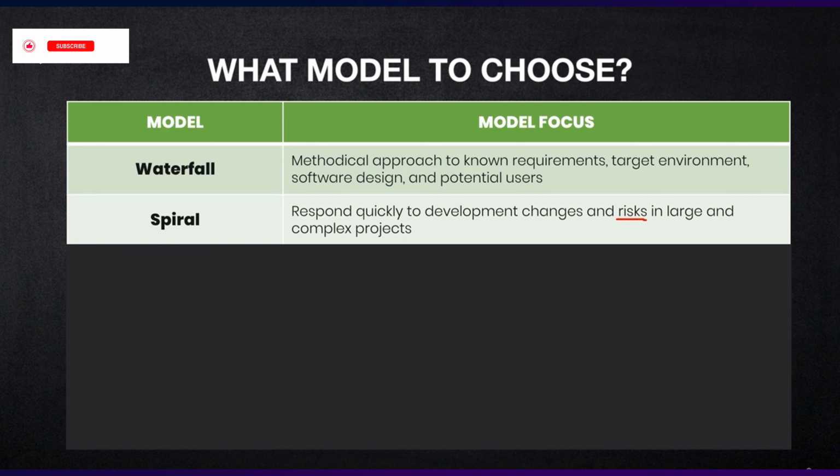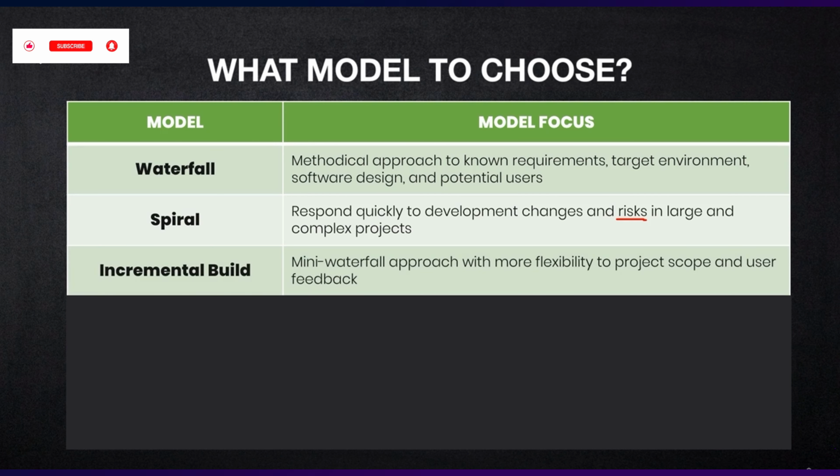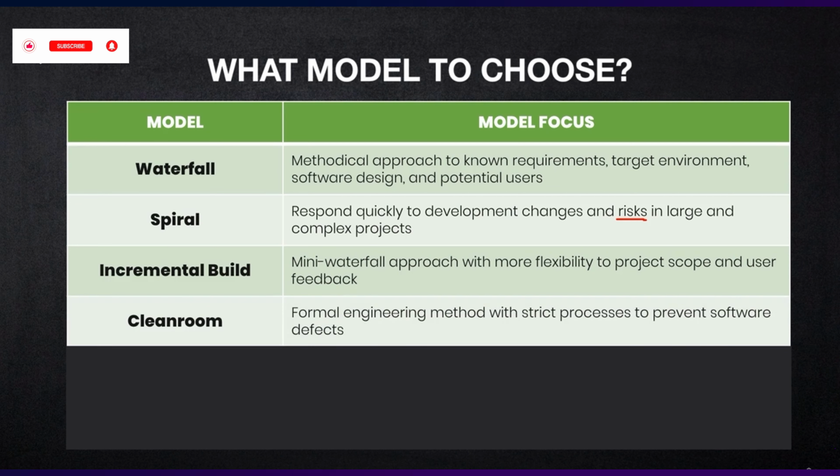If we want a faster waterfall approach with more flexibility to the project scope and user feedback, we would want to use the incremental build model. If we want a formal engineering method with strict protection or process, and we want to prevent any software defects, we would want to use the Cleanroom Development Model.